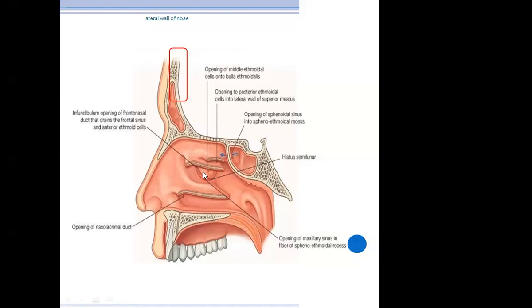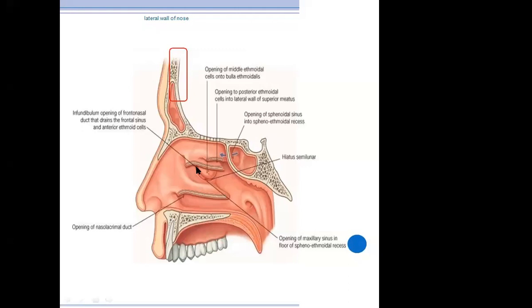In front of this bulla ethmoidalis, you have a crescent shaped, half moon shaped space. This space is called the hiatus semilunaris, the crescent shaped space present below the bulla ethmoidalis.